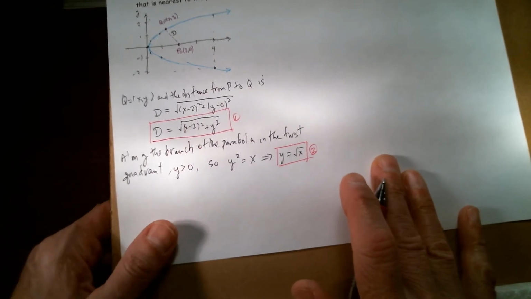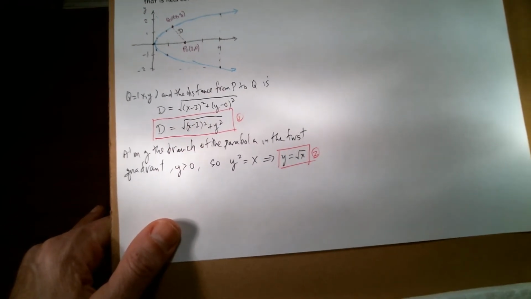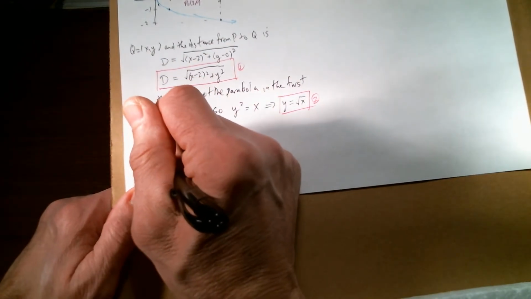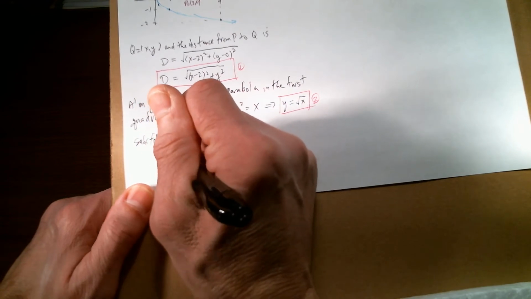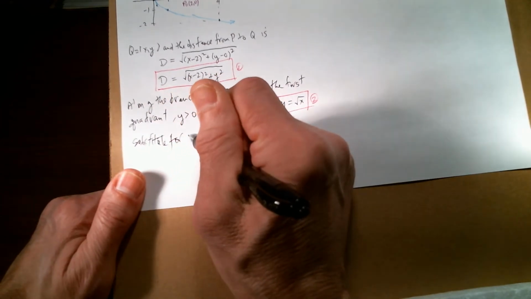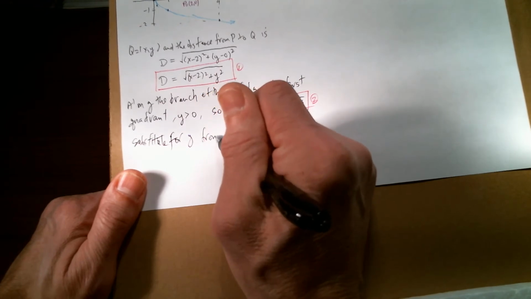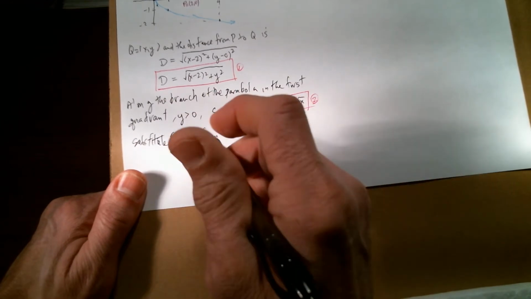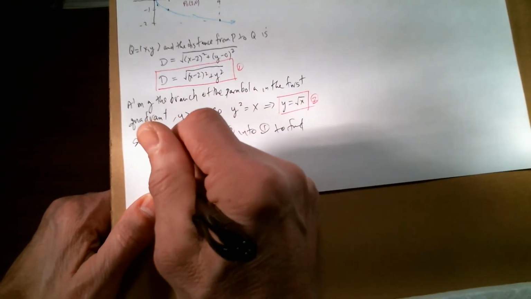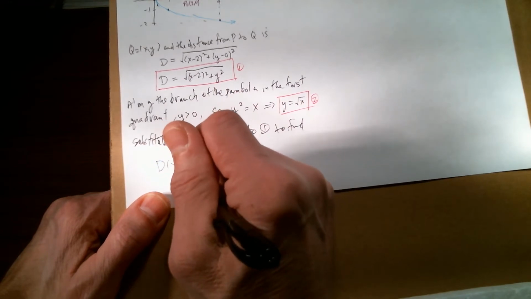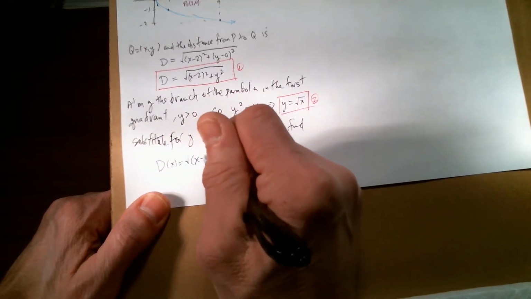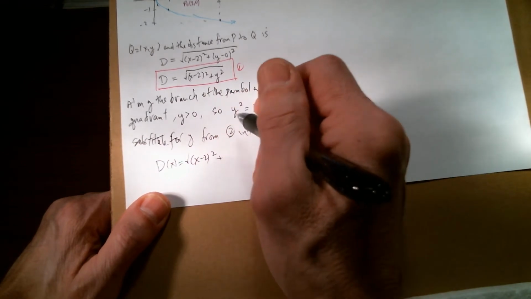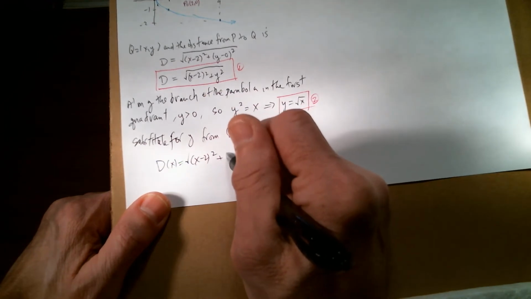So now we could substitute for y from 2 into 1 to find that the formula for distance, now just as a function of x, would be the square root of (x minus 2) squared plus the square root of x, squared.